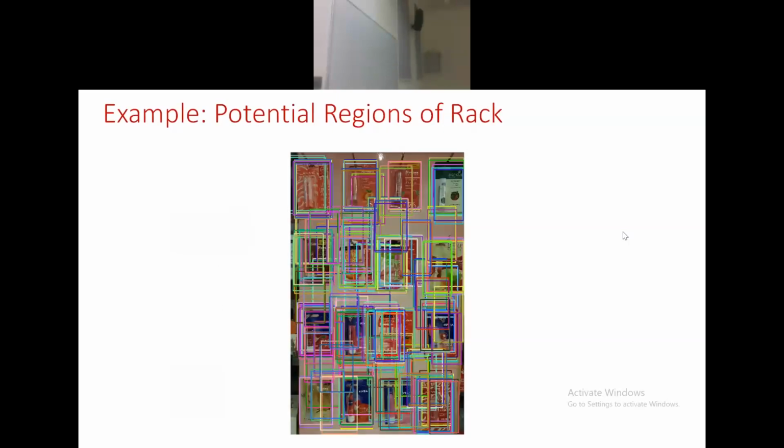This is one example on a set of products which are hanging on the wall. All these are the boxes, all possible boxes. Even if you put a threshold that per product I allow only 100 boxes, out of the 100 you have to find the winner, the best match.